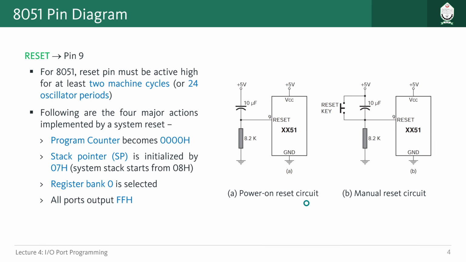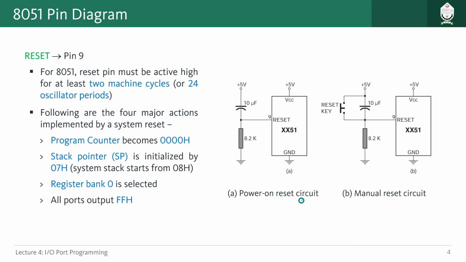As we said, we have to have at minimum 24 oscillator periods of logic high signal sent at this pin for our microcontroller to be reset, right? So whenever we power on our microcontroller, at that moment the reset will happen.